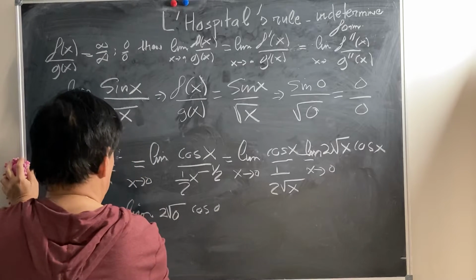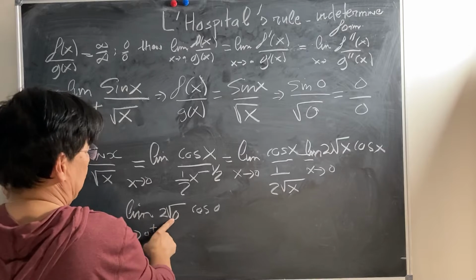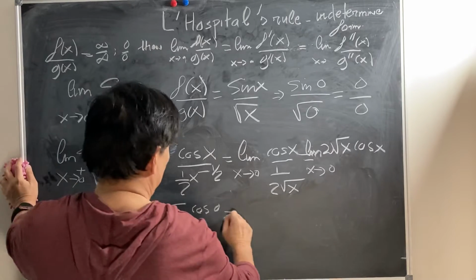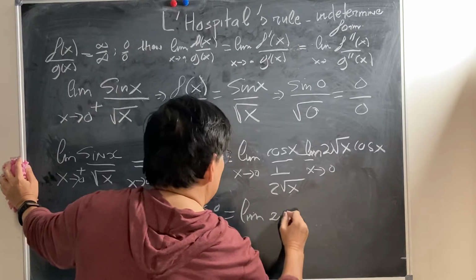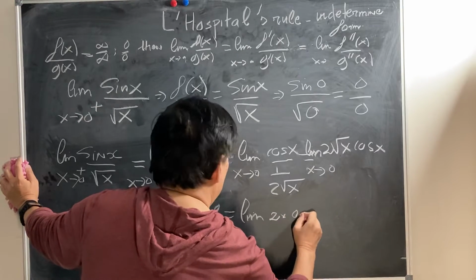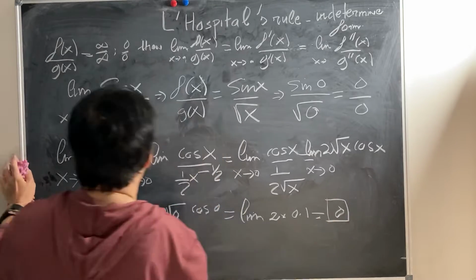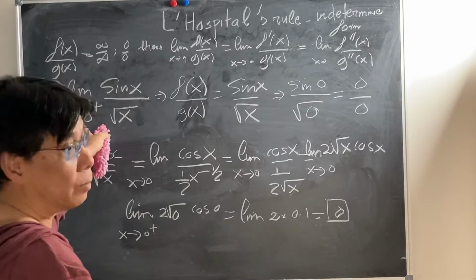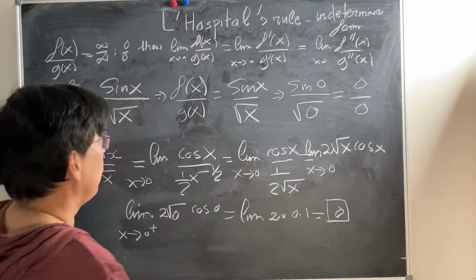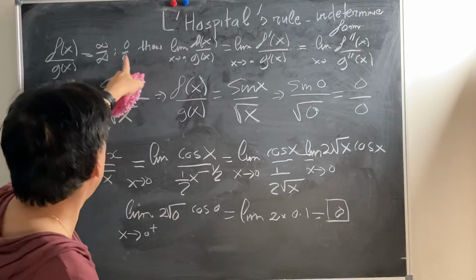Let's go to 0 plus: square root of 0 is 0, and cosine 0 is 1. So here you have 2 times 0 times 1, which equals 0. So the limit of sine x over square root of x as x goes to 0 plus, the right side of 0, equals 0.